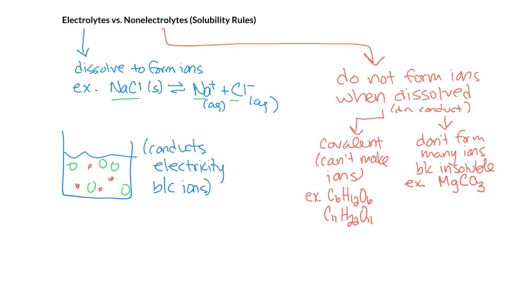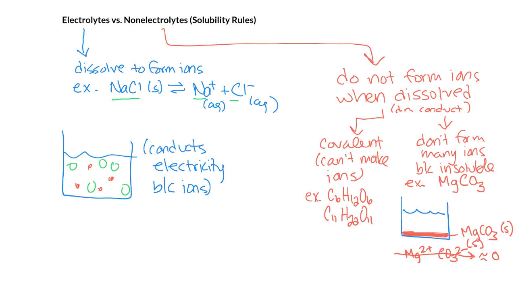When I put magnesium carbonate in a beaker of water, I have my liquid, and then I just have magnesium carbonate powder on the bottom. There's a tiny, tiny bit of Mg2 plus and CO3 2 minus, but the amount is basically zero. So I would call it a non-electrolyte, and I would assign it a phase label of solid in a chemical equation.